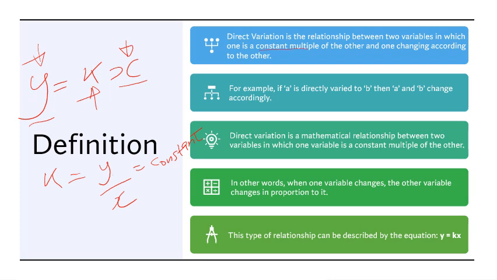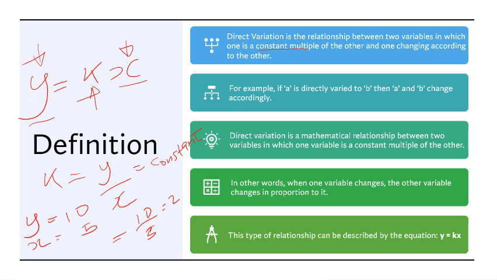Okay, let's do it like this. Let's say y is 10. When y is equal to 10, x will be equal to 5. So it means our constant in this case will be 10 over 5, which will give us 2.